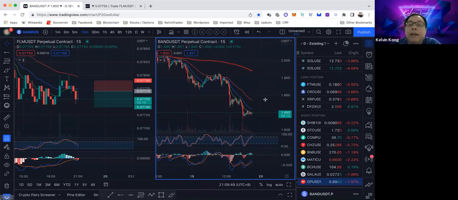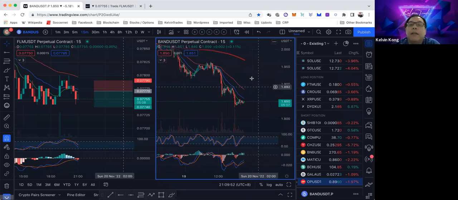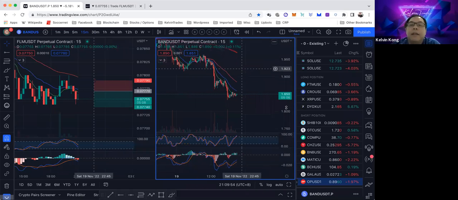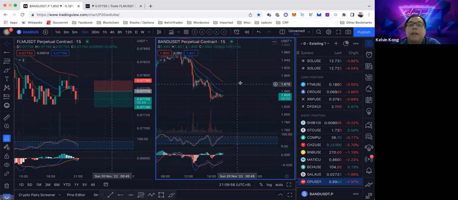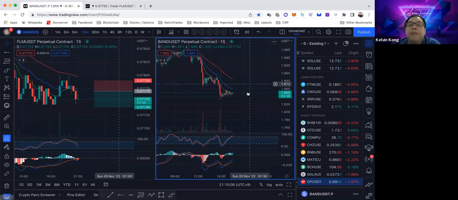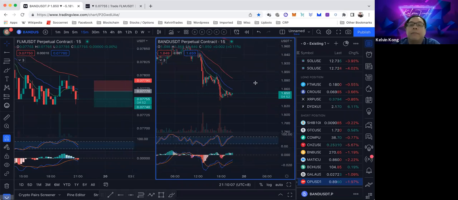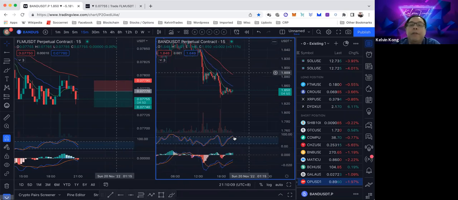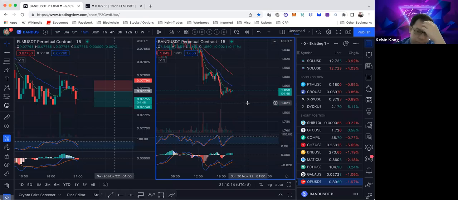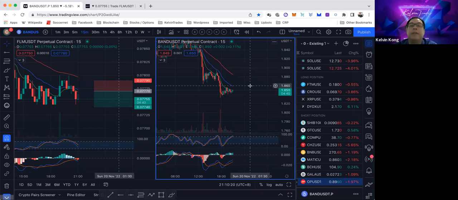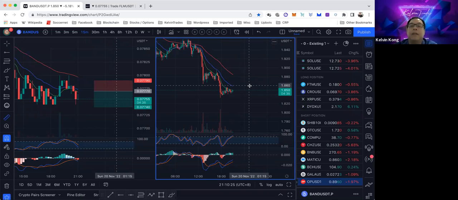Let's try to place an entry here, a limit order, at 1.860. Hopefully it goes up, hits our entry and then comes back down. Over here. And let's see what is the risk.